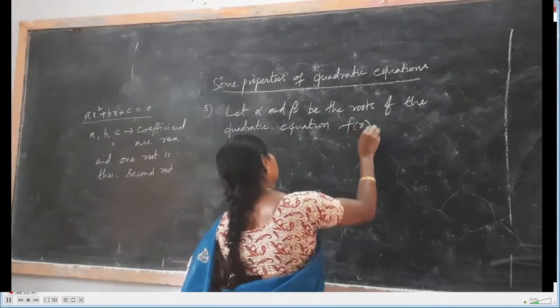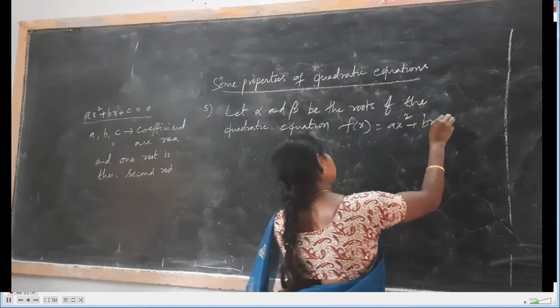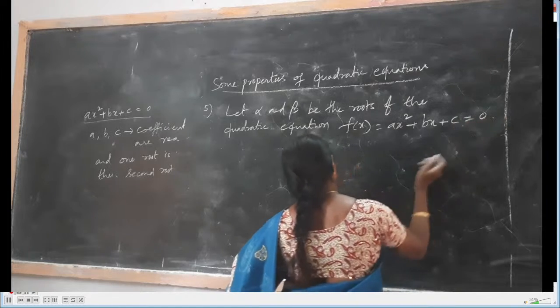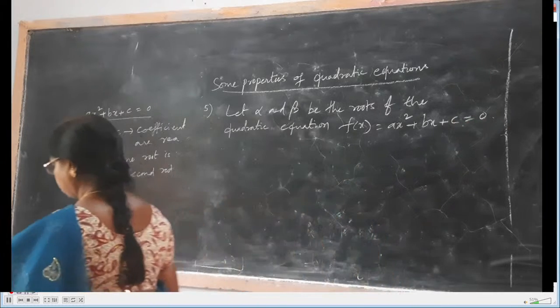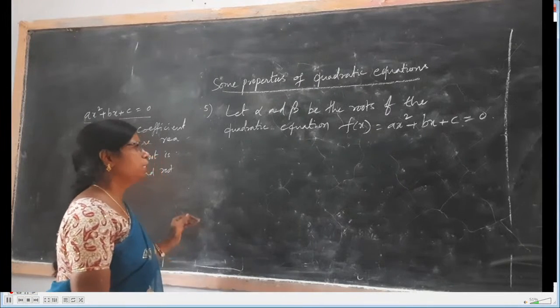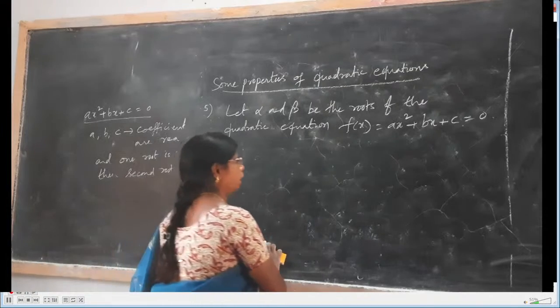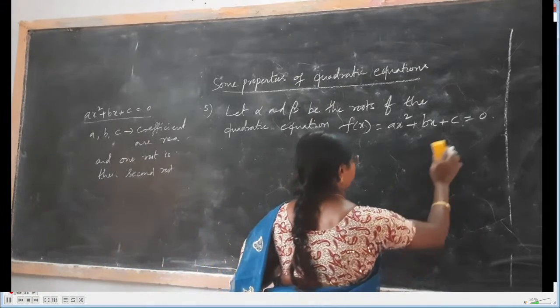f(x) is equal to ax square plus bx plus c equal to 0. Let alpha and beta be the roots of the quadratic equation f(x) is equal to ax square plus bx plus c equal to 0.